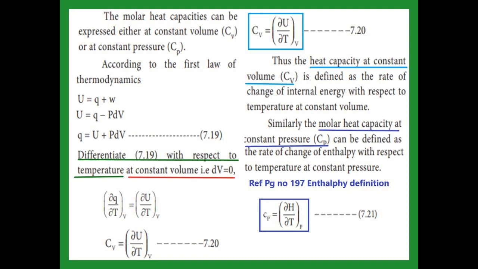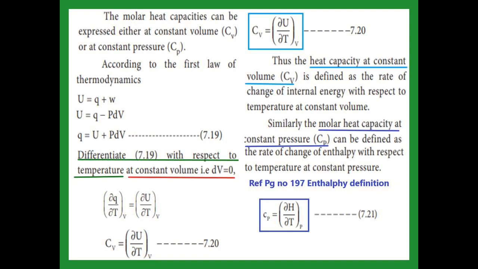So dou Q by dou T is called CV, which equals dou U by dou T at constant volume. From equation 7.20 we get the definition: the heat capacity at constant volume is the rate of change of internal energy with respect to temperature at constant volume.